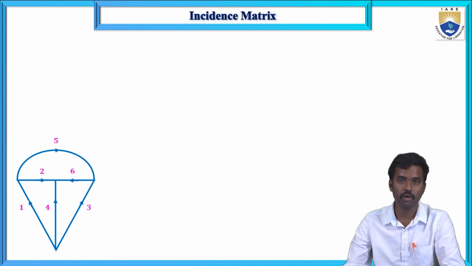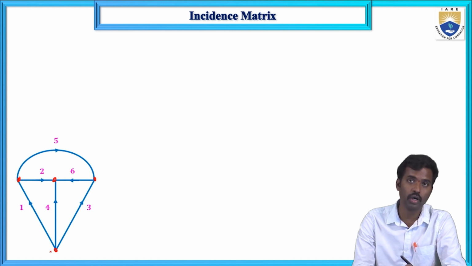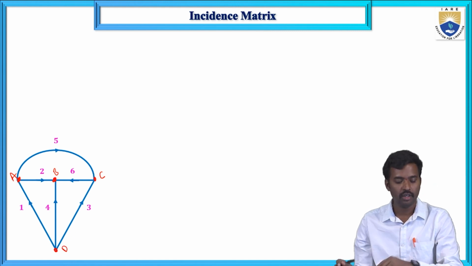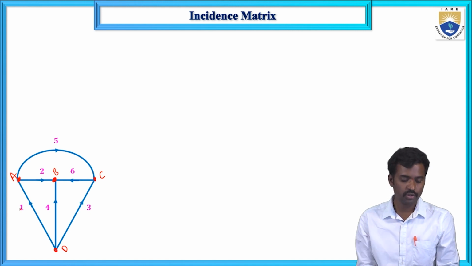The second problem: for a given graph, determine the incident matrix. First, the possible number of nodes. Here this is a node, this is a node, and this one is a node, where 2 or more branches are connected to one point. This node I am representing with A, this node with B, this node with C, and this is D. Now the branches: 1, 2, 3, 4, 5 and 6.